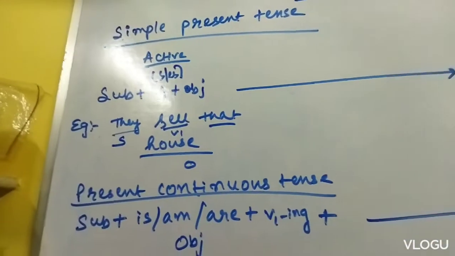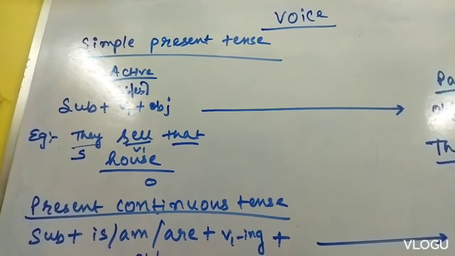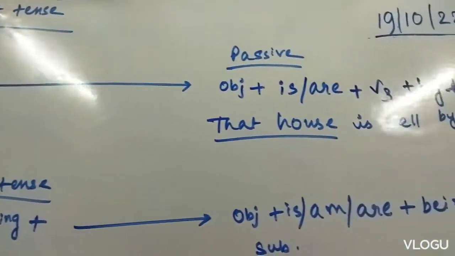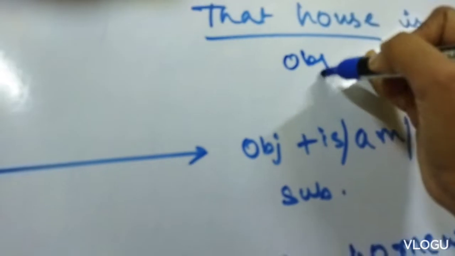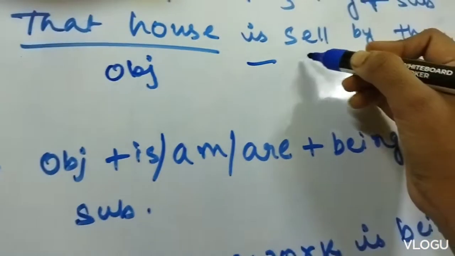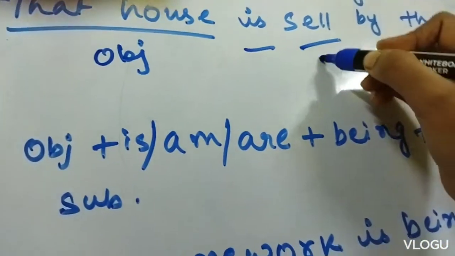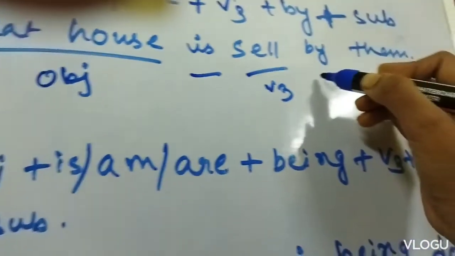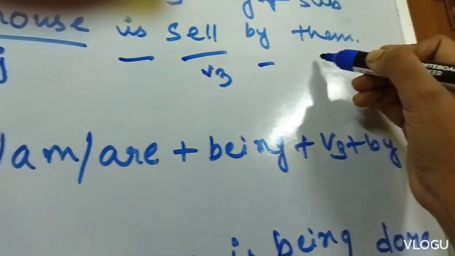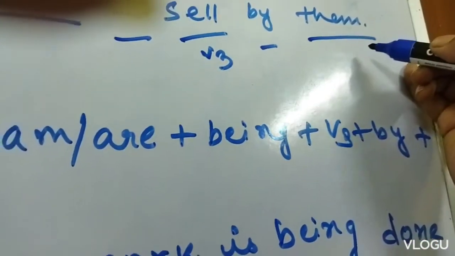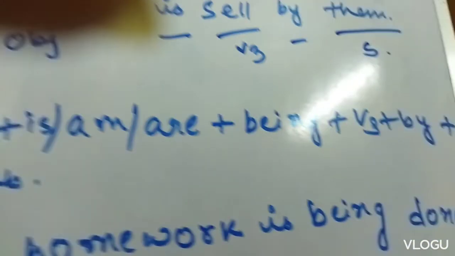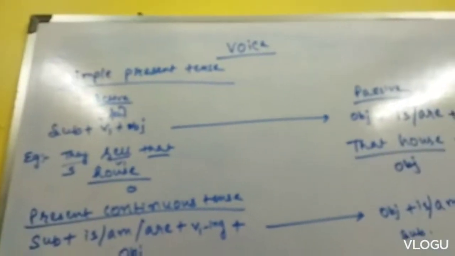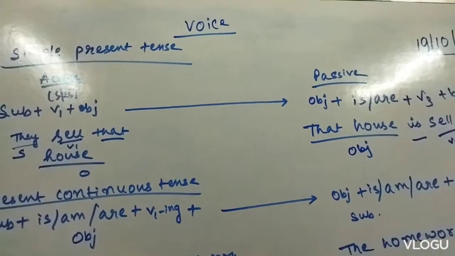So here our object was that house. This comes to the subject. That house becomes our object, comes at first, is, then V3 form is sold, and by, then they becomes them, as we have learned. So here this is our subject. This is our simple present tense.